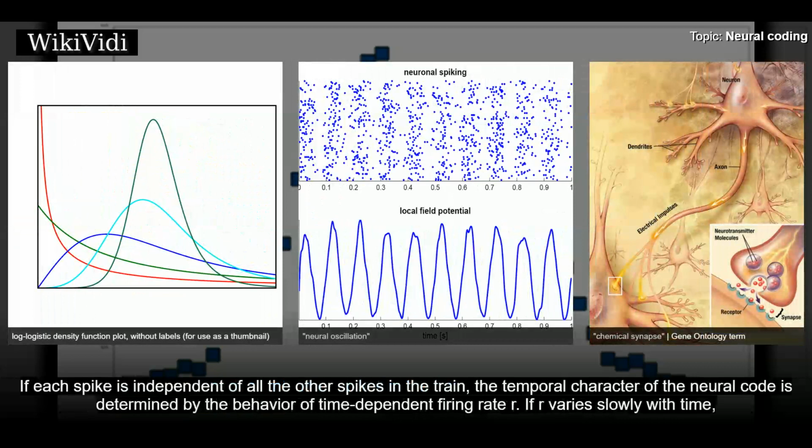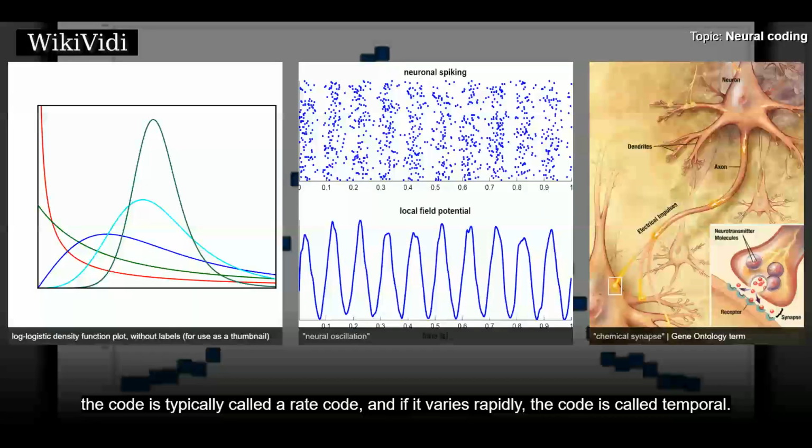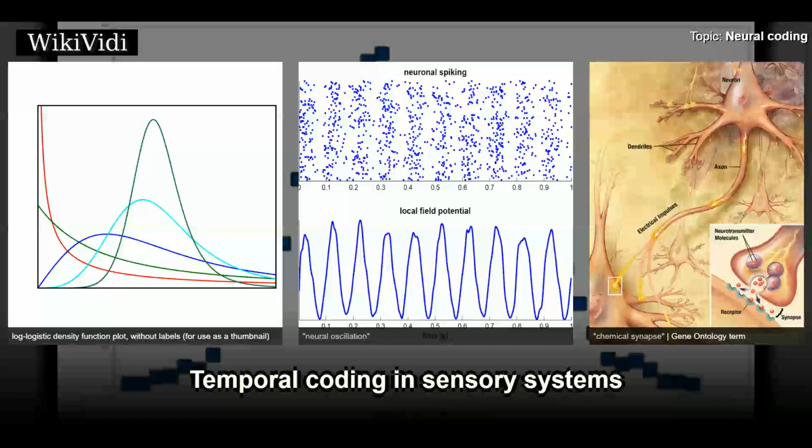If each spike is independent of all the other spikes in the train, the temporal character of the neural code is determined by the behavior of the time-dependent firing rate R. If R varies slowly with time, the code is typically called a rate code, and if it varies rapidly, the code is called temporal. Temporal coding in sensory systems.